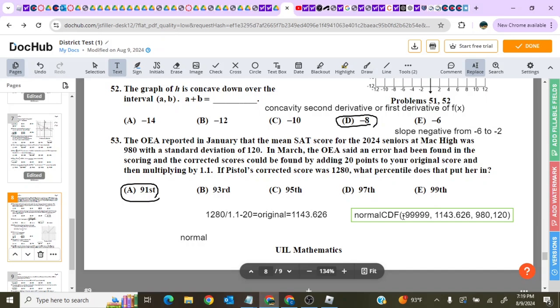This is a normal function, so your lower is negative infinity, basically. Your upper is 1143.626. And then you have your mean, 980, and your standard deviation of 120 that was given to you. And you get a percentile of 91, or 0.91.